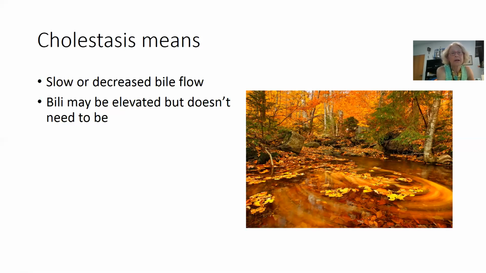If there isn't much bile flow, you may or may not get a whole bunch of leaves in the stream bed, depending on what else is going on. So they usually go together, but not necessarily. And we need to think of them as two different mechanisms.